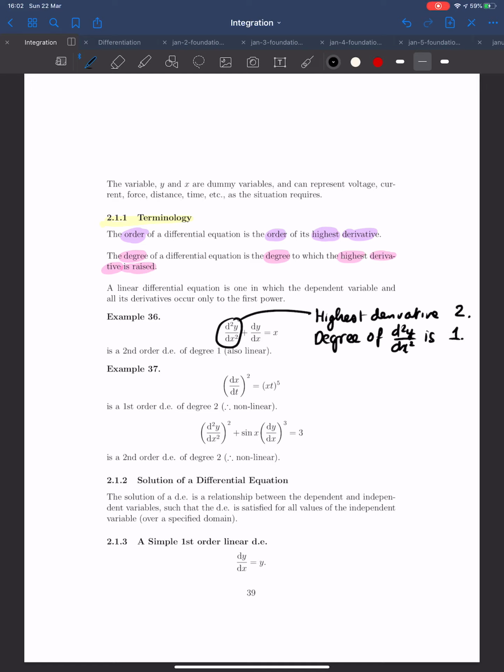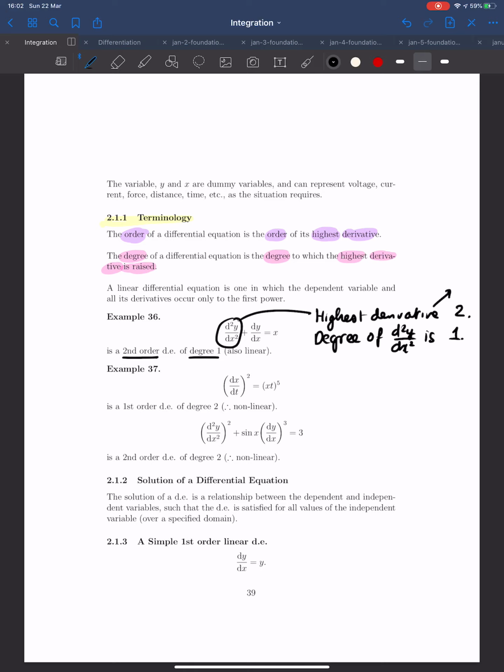So we say the first one, its order is 2, second order, degree 1. Second order, because it's got second derivatives in there, degree 1, because the second derivatives are not squared or cubed, they're just what they are.